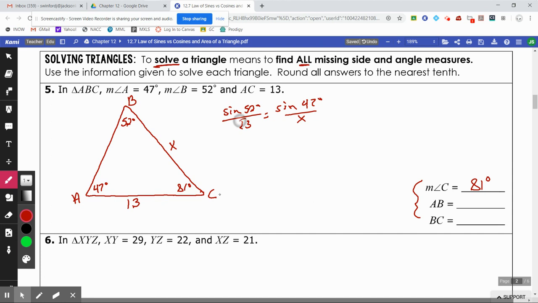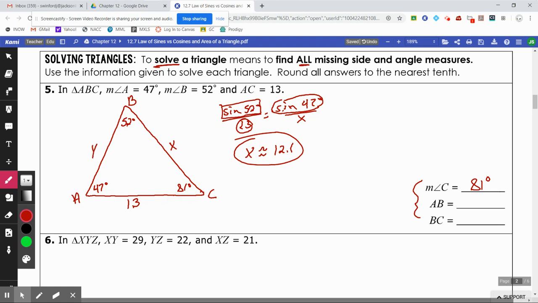All you're going to do is take 13 and multiply it by sine of 47. If you're having issues here, go back and watch the previous videos. Multiply these two together, take your answer, divide by the sine of 52, and you're going to get x is approximately 12.1.